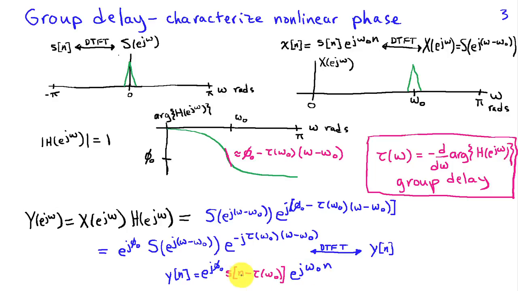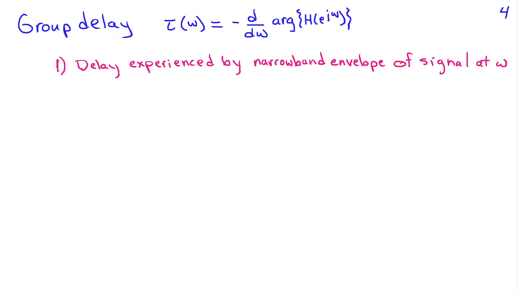But the time delay is given by tau of omega naught. So the group delay is telling us, at a particular frequency, what time delay is experienced by energy or frequency content in that neighborhood. So we can say that this group delay tells us the delay experienced by a very narrowband envelope of a signal centered at a particular frequency, omega.